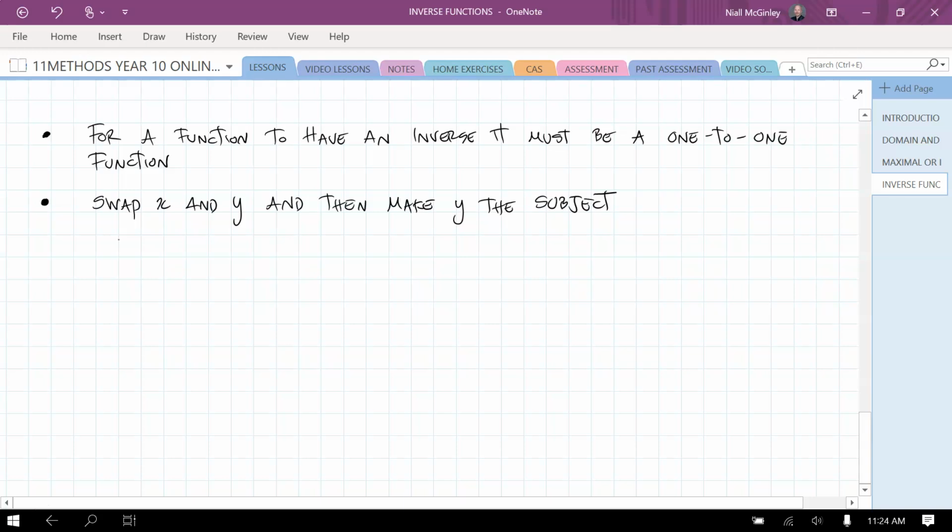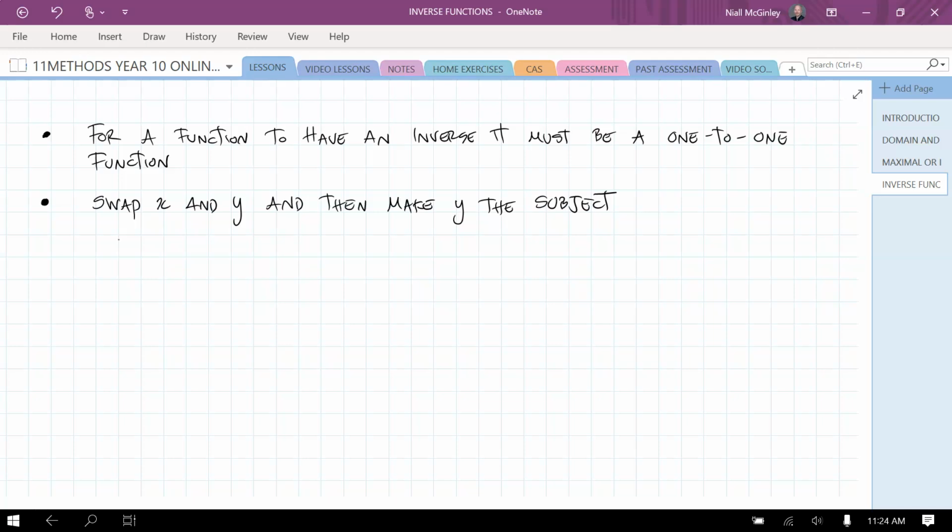What we need to think about in methods is, what are the x values? You should have an understanding now that the x values are always the domain, and the y values are the range of the function. So all the x values are the domain, the y values are the range.